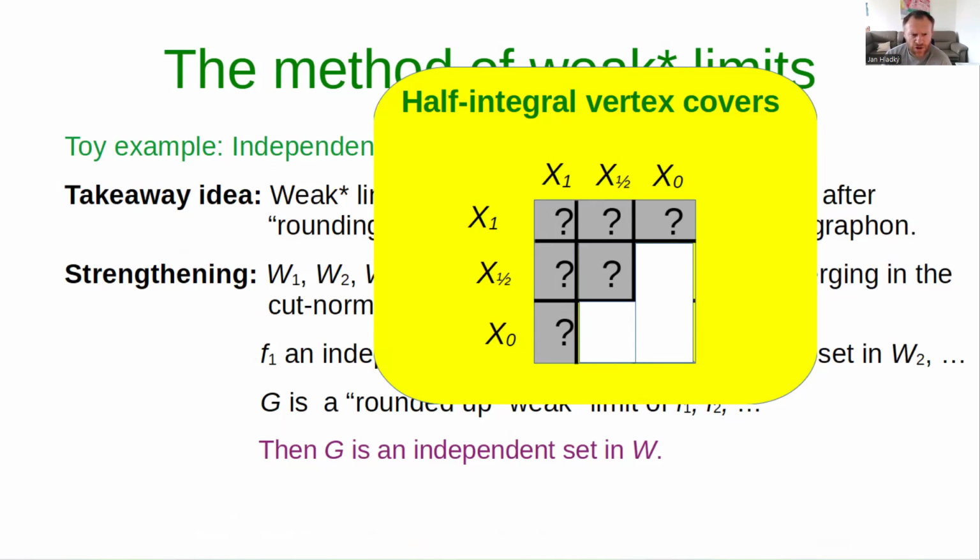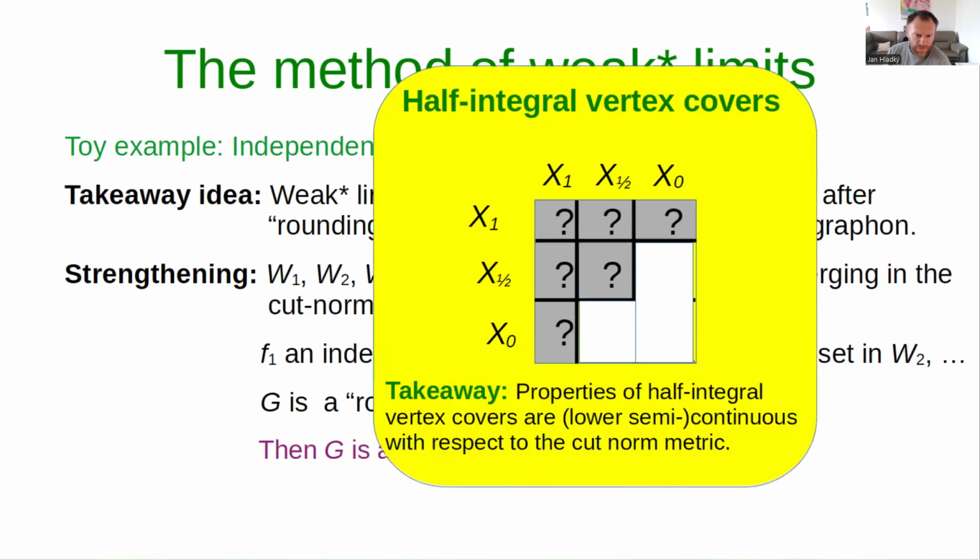After extracting this joint accumulation, we use a careful rounding procedure to obtain a valid half integral vertex cover in the limit graphon. Okay, so the takeaway here is that the properties of half integral vertex covers are lower semi-continuous. You don't get full continuity, not very important to us, with respect to the cut norm metric.